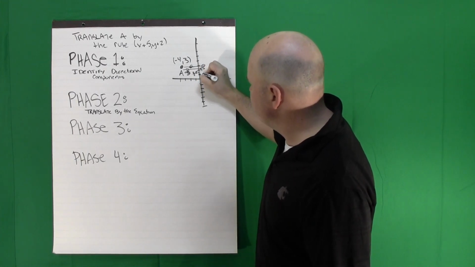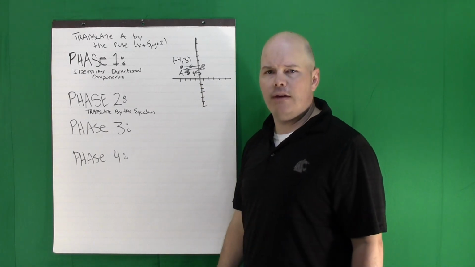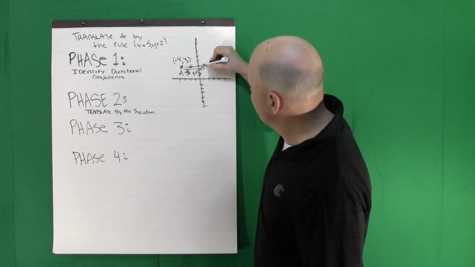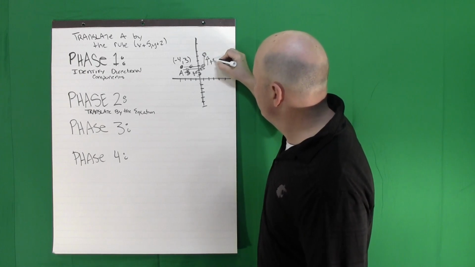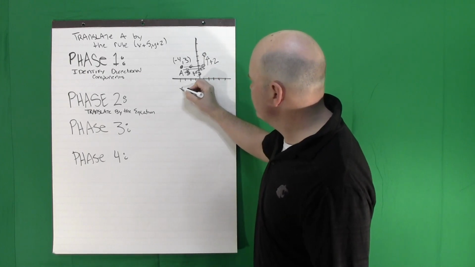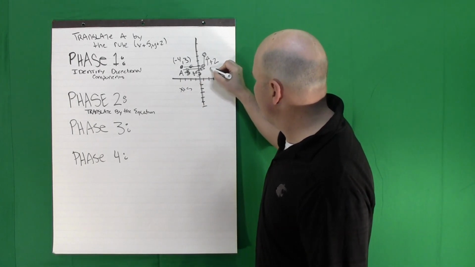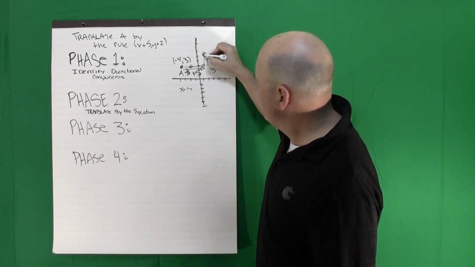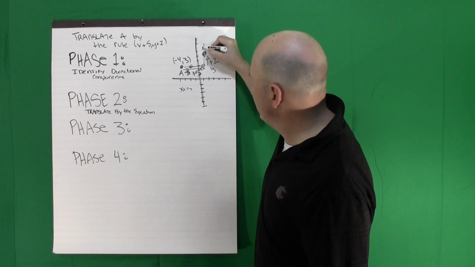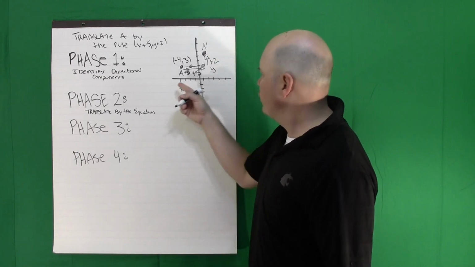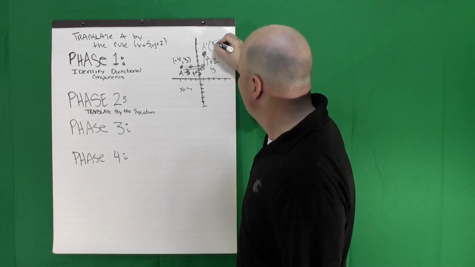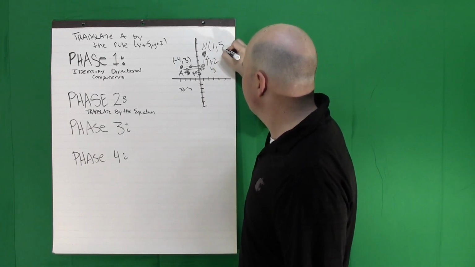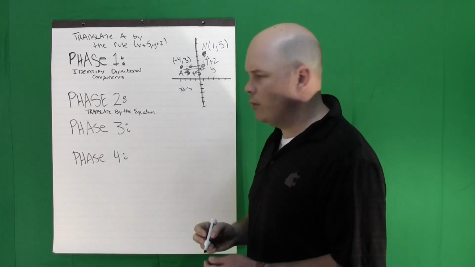That was plus 5. My bad. So I'm going 5 units to the right, and I'm going 2 units up. Here's my x plus 5. This would be my y plus 2, and that's where my new A prime is going to be, which is going to be at 1 over, 5 up. That's my new coordinate set.